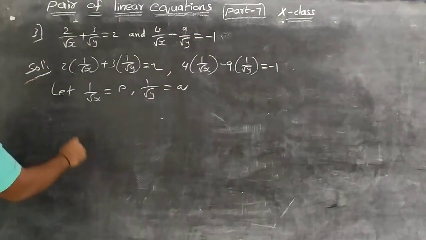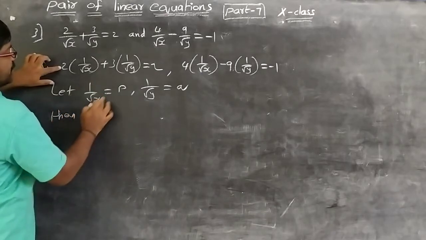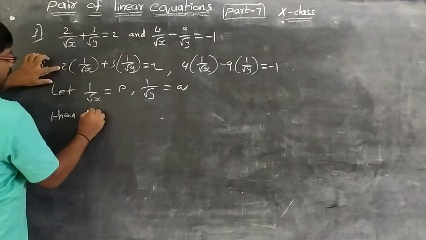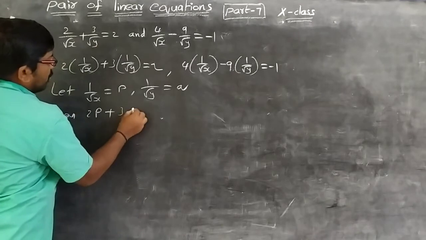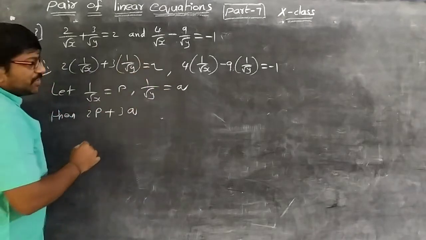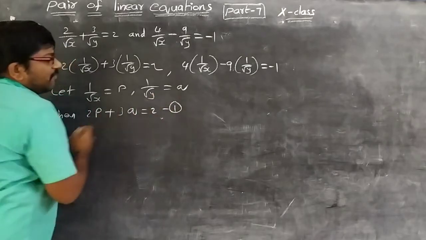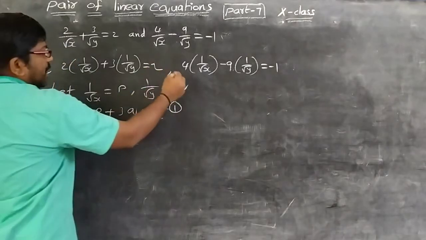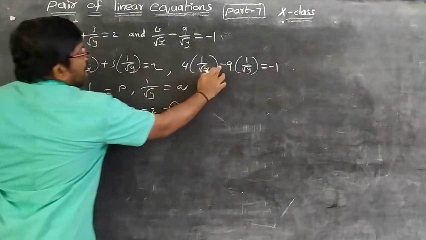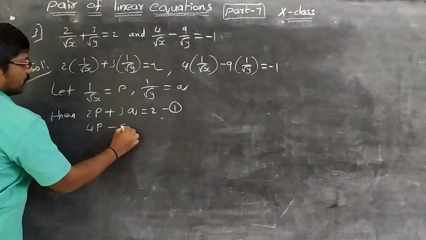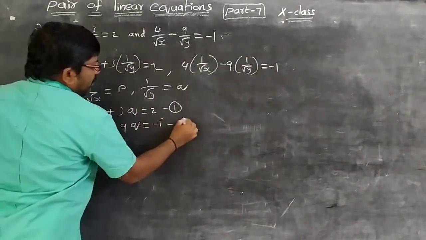Then the equations become 2p plus 3q is equal to 2, it is equation 1, and the second equation, 4p minus 9q is equal to minus 1, it is equation 2.